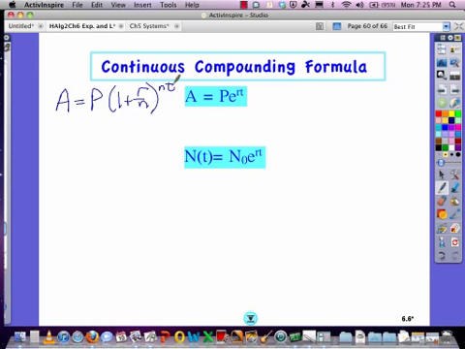Now the problem is, if we're compounding as fast as we possibly can, which is what this e represents, then our new base number is going to be e.